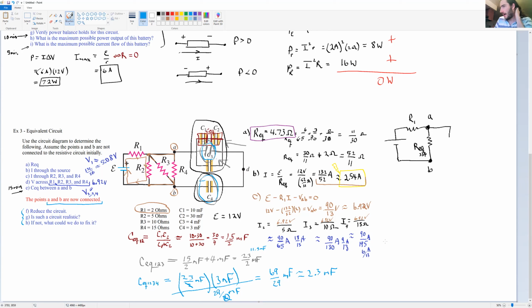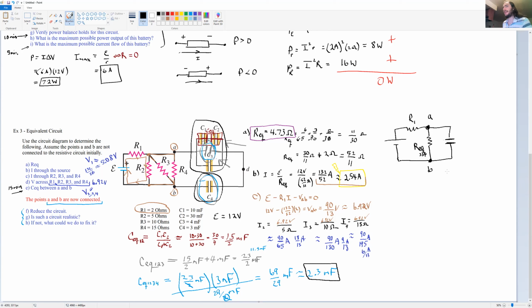Okay, but we know how to combine them now, so we fixed the error there. So we can now take that value of the 2.3 millifarads and plug that in now, because we know we can reduce the circuit from the point A to B.